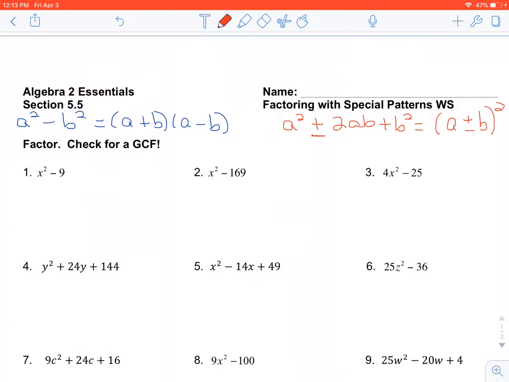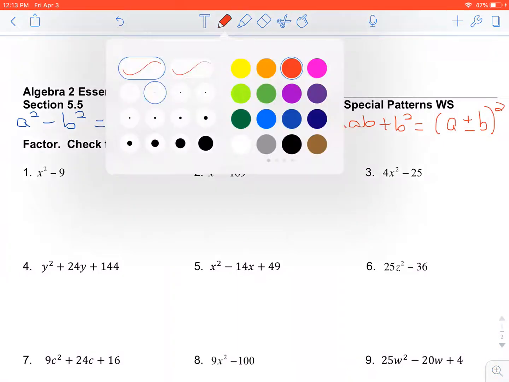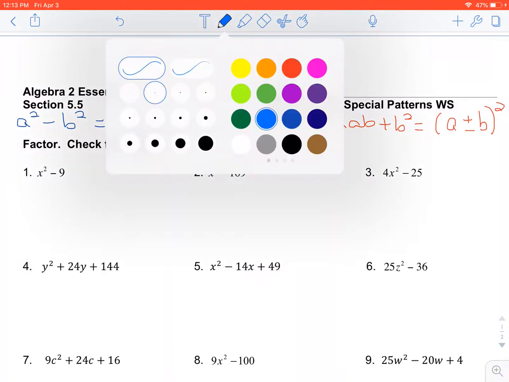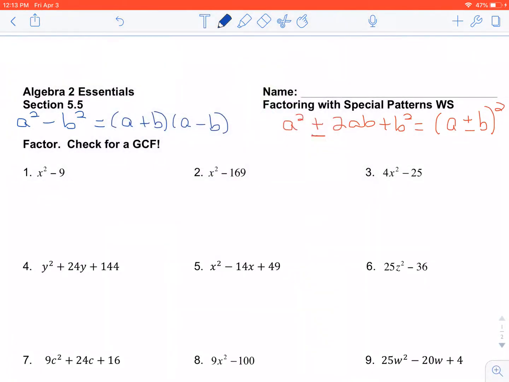So I was going to go through the worksheet, and in blue I'm going to circle all of the problems that are two terms. So 1, 2, and 3 are two terms. That means they get factored like the first pattern, a squared minus b squared. 6 and 8 are also two terms.